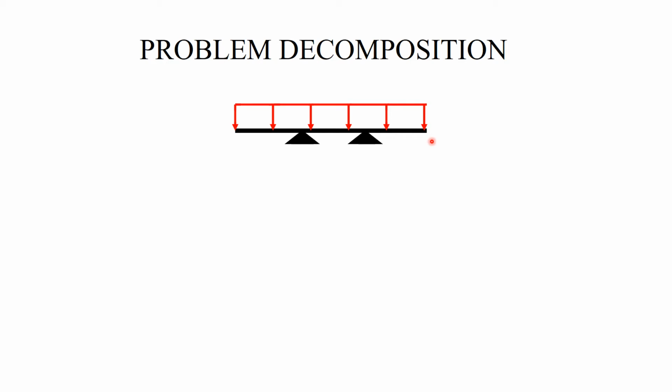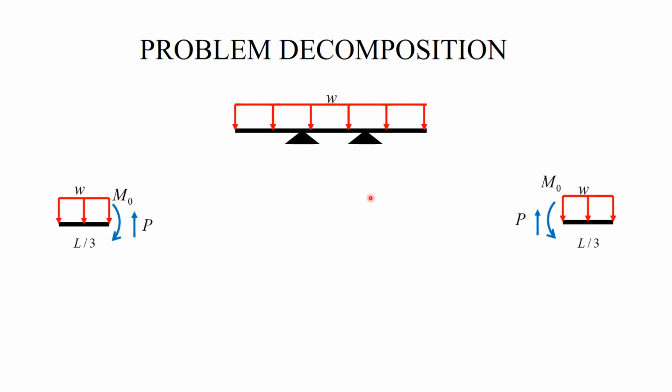And so it's natural to get rid of the overhangs, and we do it by cutting to the left of this support and to the right of this. And here's what we get. We get this wing and this wing, because of symmetry, they are mirror images of each other.